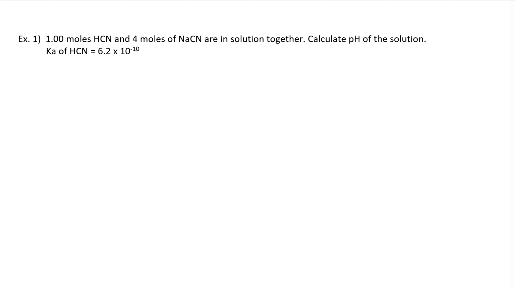So first thing that I recognize here, I have a buffer. I have HCN, which is a weak acid, and I have sodium cyanide, and I know I can ignore the sodium ion because it's neutral and it's spectating, and I have CN minus 1 ion.